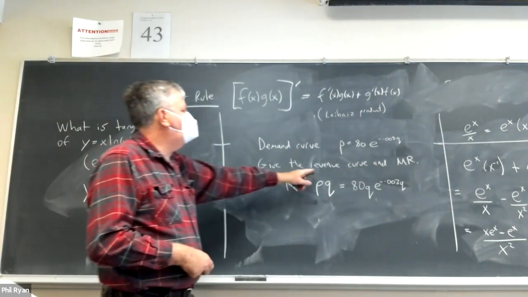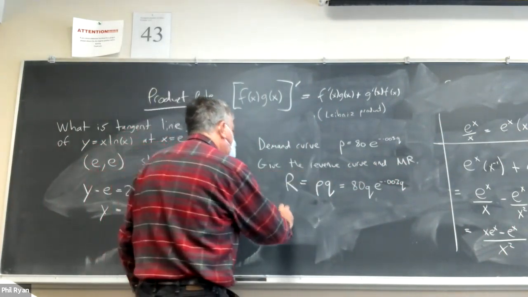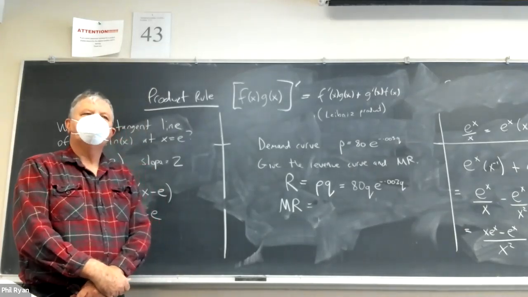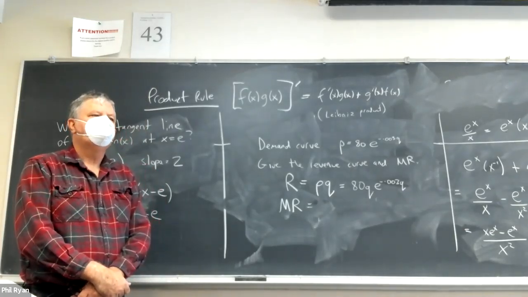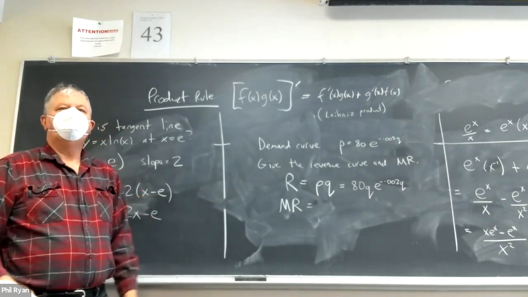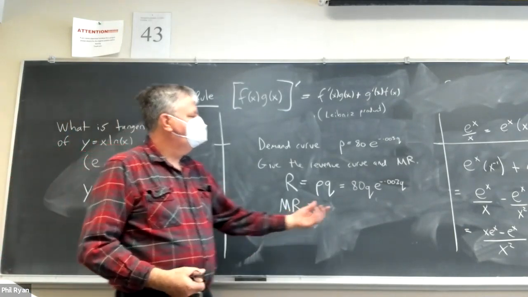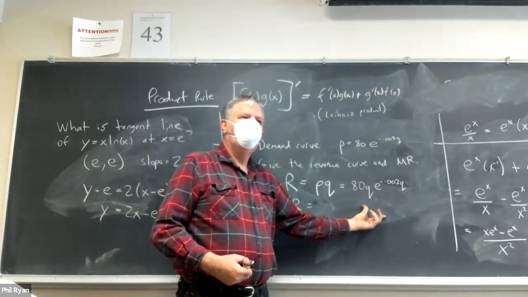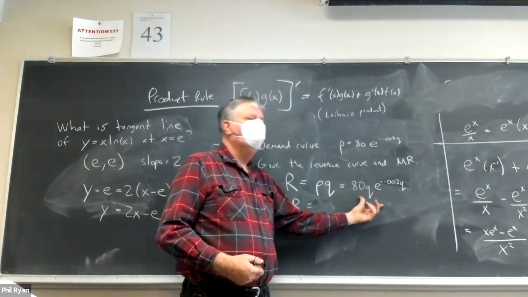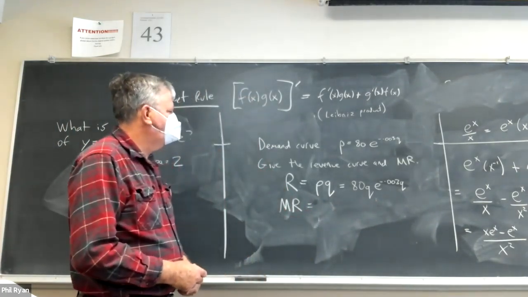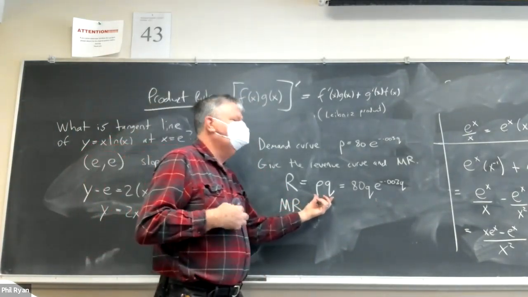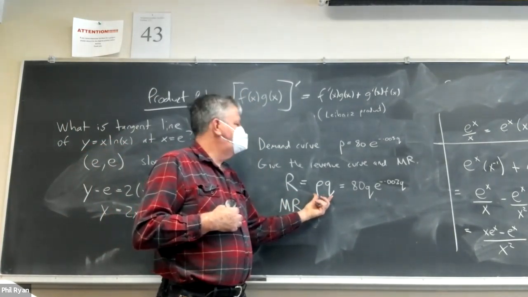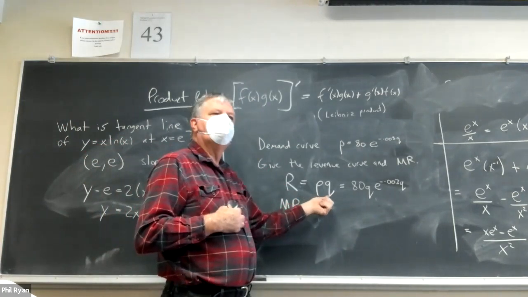Okay, so that's R. What's marginal revenue then? How are we going to get marginal revenue from revenue? Take the derivative, and now we've got a product, so now we can find marginal revenue. And you see, now that we know the product rule, we know how to take the derivative of revenue, because revenue is always going to be price times quantity.